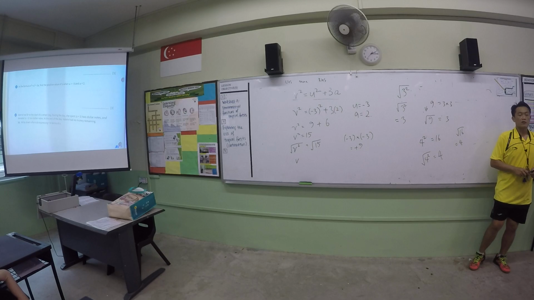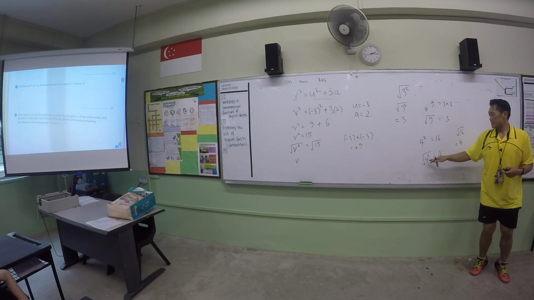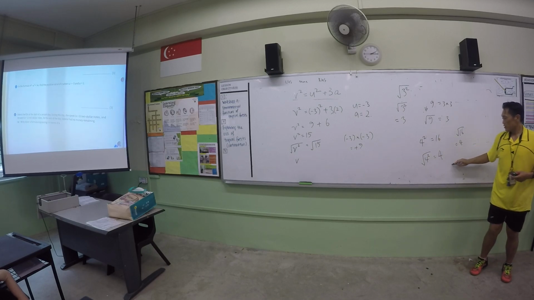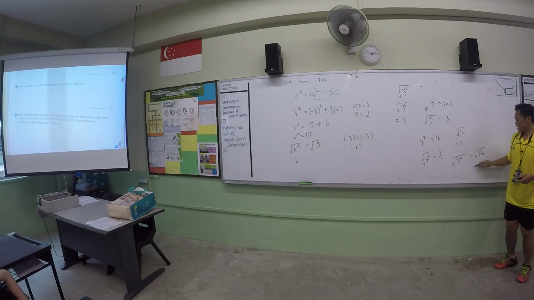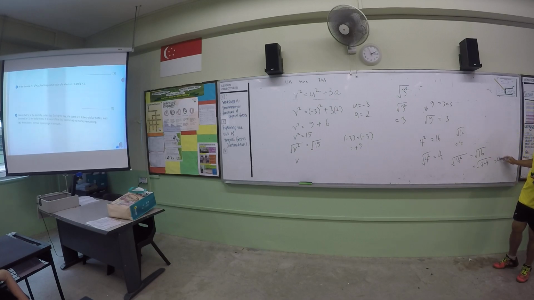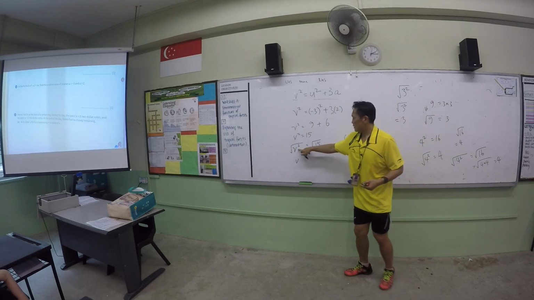Okay? Square root is the reverse of square. What multiplied by itself will make the number. So square root is actually finding what multiplied by itself will give you the number. So square root of square is to cancel out the square.